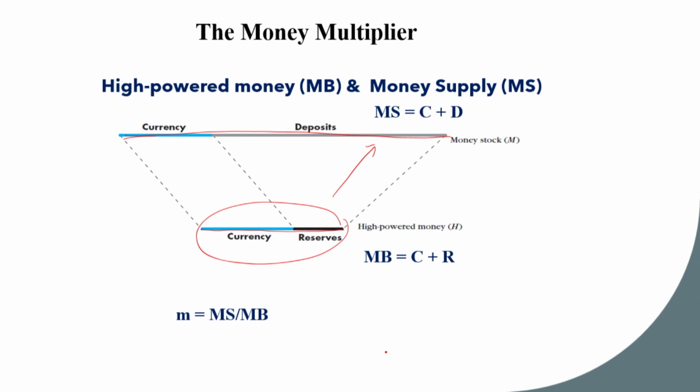So what you can see here is the expansion in the total money supply divided by the monetary base. When this monetary base expands to this, it expands by a multiple, a multiplier. The value of this multiplier, the money multiplier, is money supply divided by monetary base.